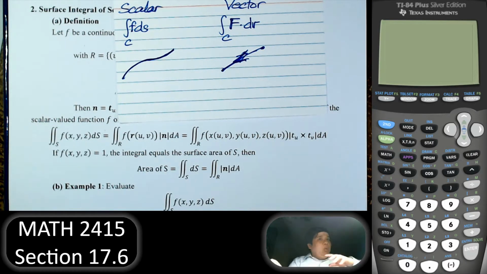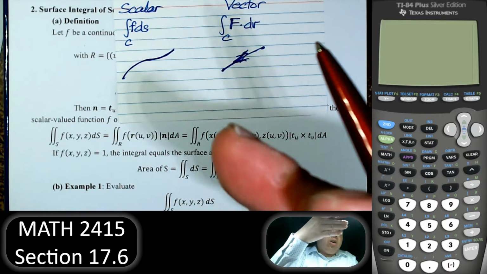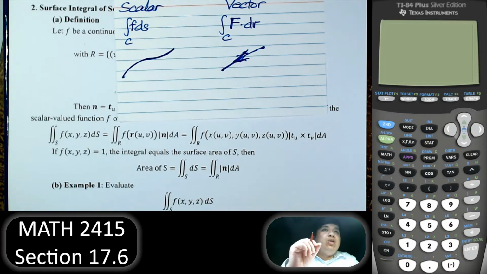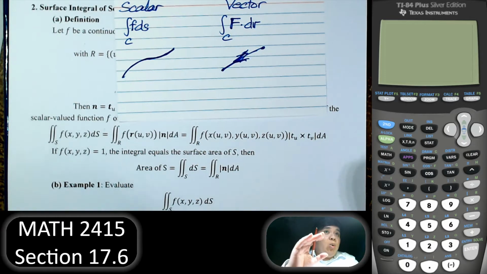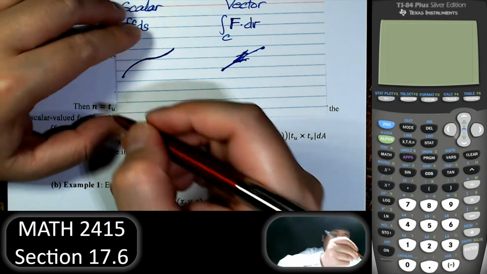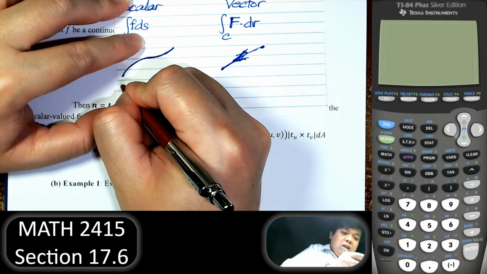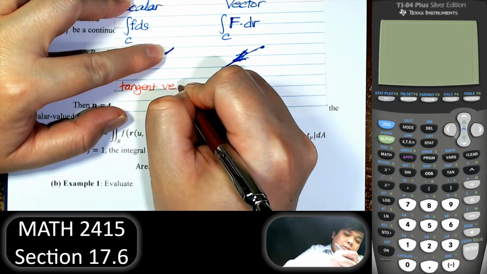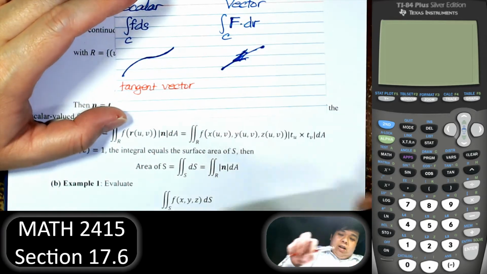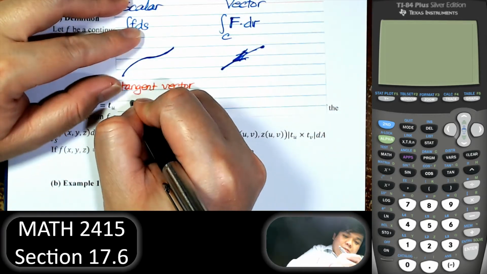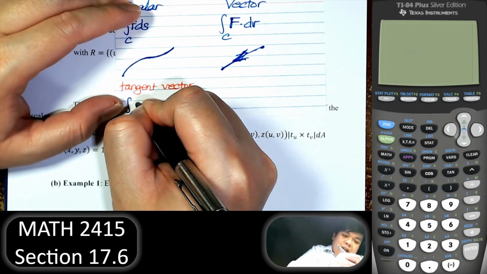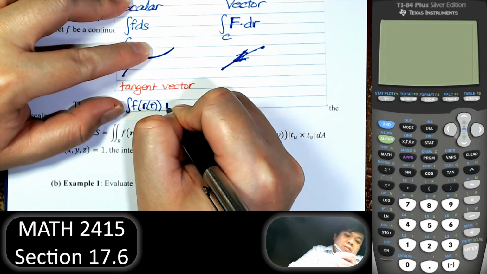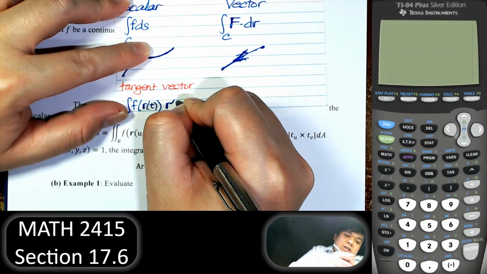Second, we talked about the line integral. Now we're talking about the surface integral. Just like back in the first few chapters, we talked about the equation of a line and the equation of a plane. The equation of a line is characterized by a tangent vector. So we can write everything in terms of the tangent vector.